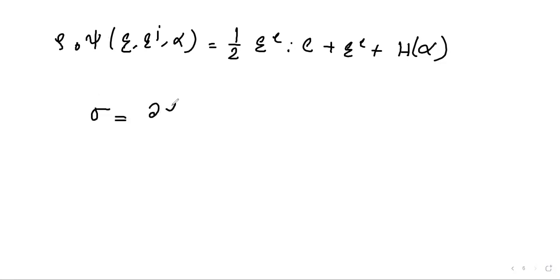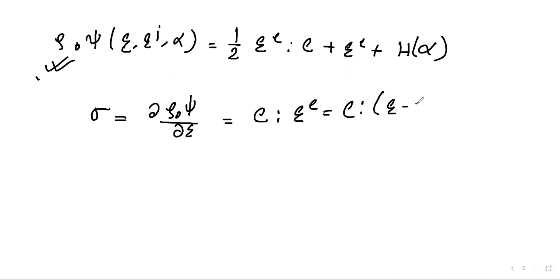Sigma is nothing but the derivative of rho psi with respect to E. What you get is C dotted with epsilon E. You can write it as C dotted with epsilon minus epsilon I.